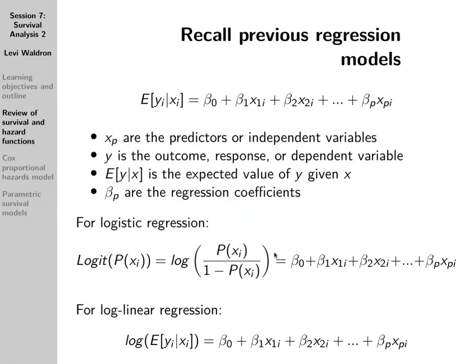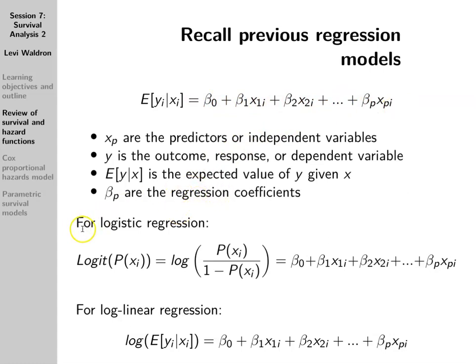All right, it's been a little while since we introduced a new regression model, so let's review again the previous regression models that we have developed from the generalized linear model. The systematic part of the generalized linear model has always looked like this: the expected value of the outcome conditional on the predictors is equal to this linear combination of the predictors multiplied by their coefficients.